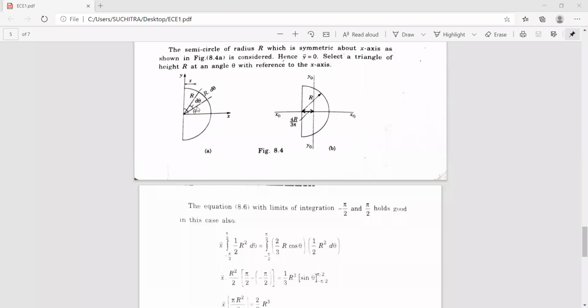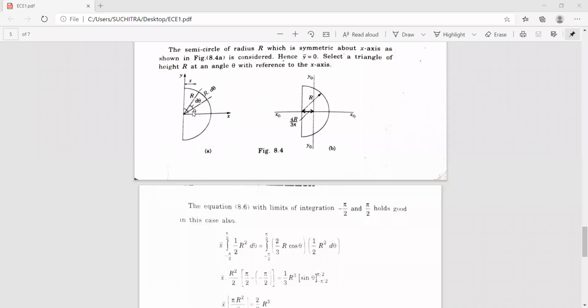We know the horizontal distance x is equal to 2/3 r cos theta. Now find the area of this triangular elemental area, dA. dA is equal to half into the base r d theta and height r, that is half r square d theta.